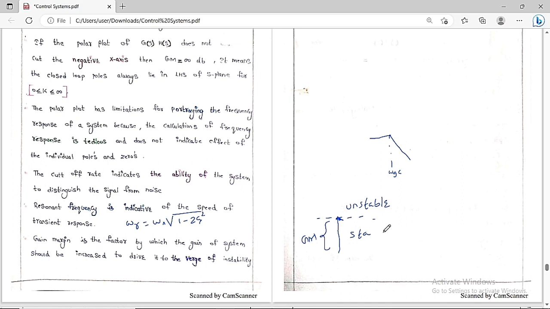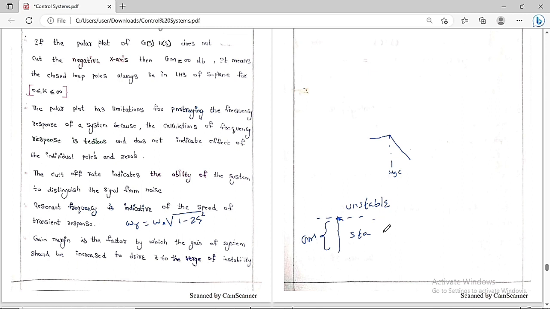I've already told you, whenever the gain crossover frequency is less than the phase crossover frequency, the system is said to be stable, and both the gain margin and phase margin are positive. For the marginally stable system, the gain crossover frequency is equal to the phase crossover frequency, whereas the gain margin and phase margin are both equal to 0.